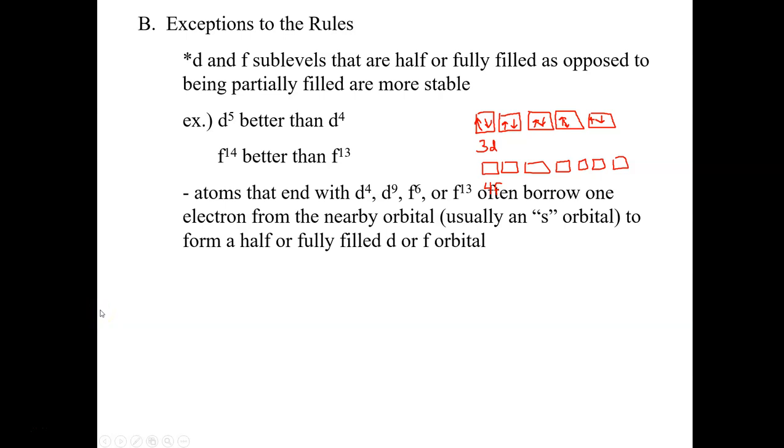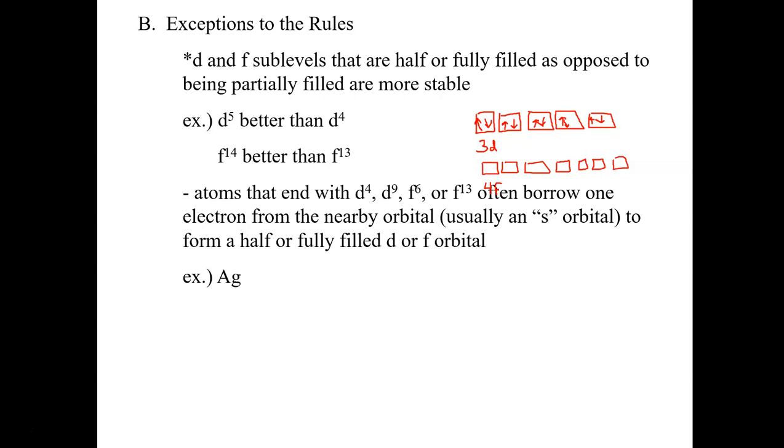So the only way to really see this and understand this is to do an example. So we're going to do this for silver. Here's what I want you to do. I want you to find silver on your periodic table, and write out the electron configuration notation for silver. Don't write the boxes and the arrows. Don't write the orbital diagram. It's going to take too much time to do that.